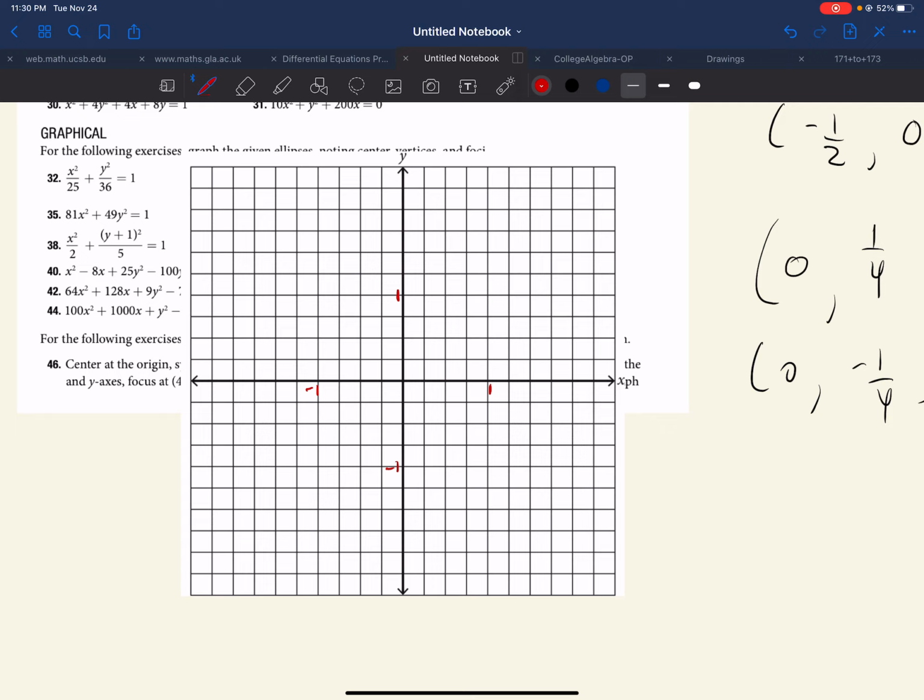So I'm supposed to go left and right a half. And so there is left and right by a half. And then I go up and down a quarter. And so I go up and down a quarter. And if I then connect those dots, I can see it is stretched, as I said, in the x direction. It crosses at a half and negative a half and a fourth and negative 1/4 on the y.